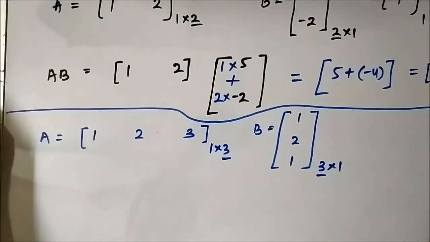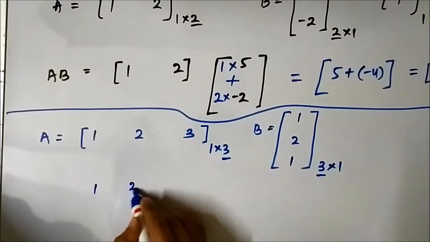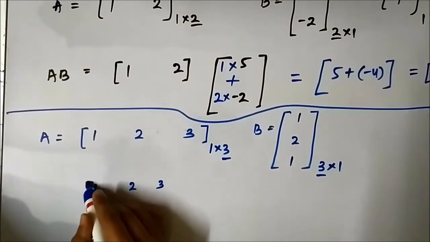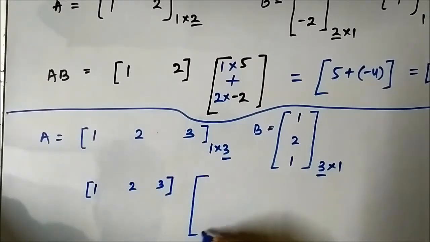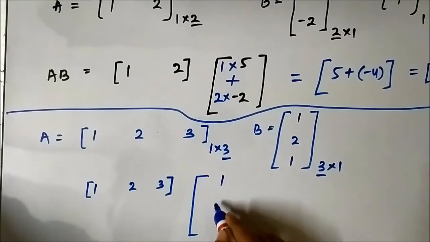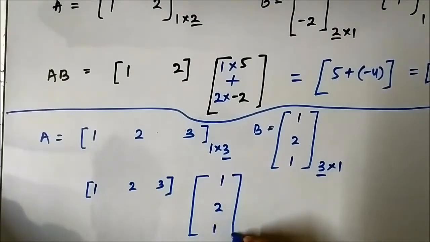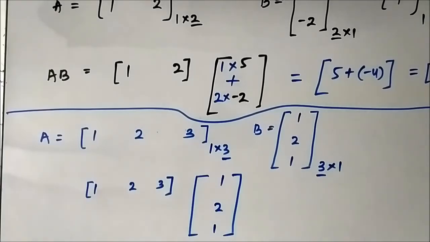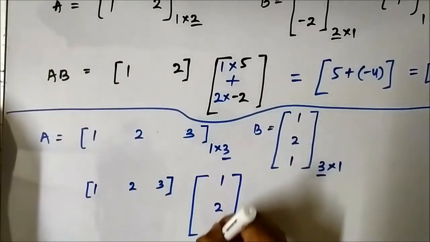So how does this operation take place? Let us see. 1, 2, 3, and this is 1, 2, 1. So what happens? This row is multiplied with this column.